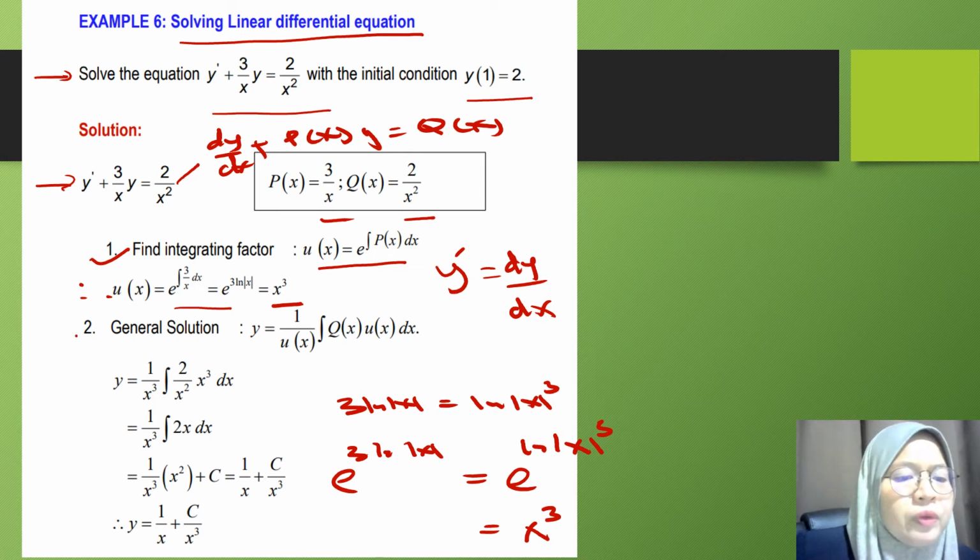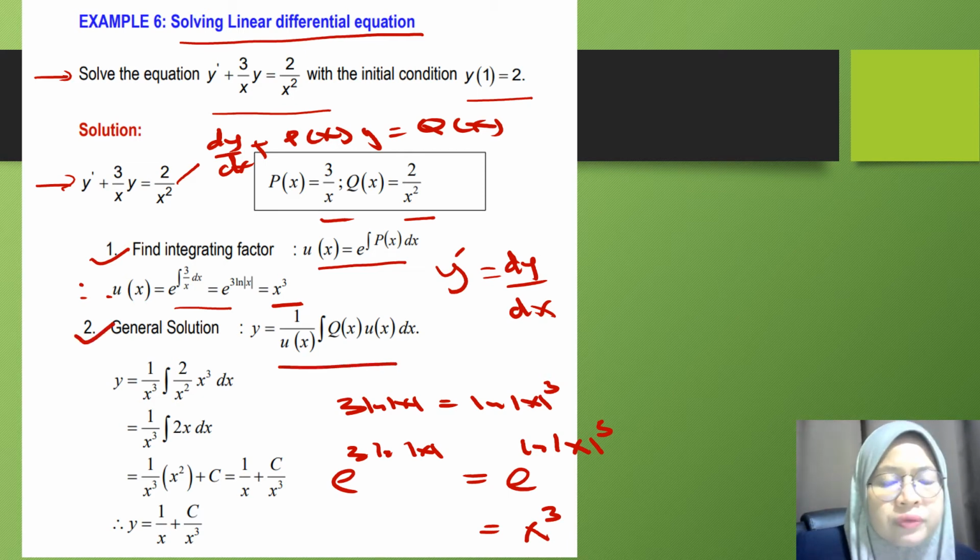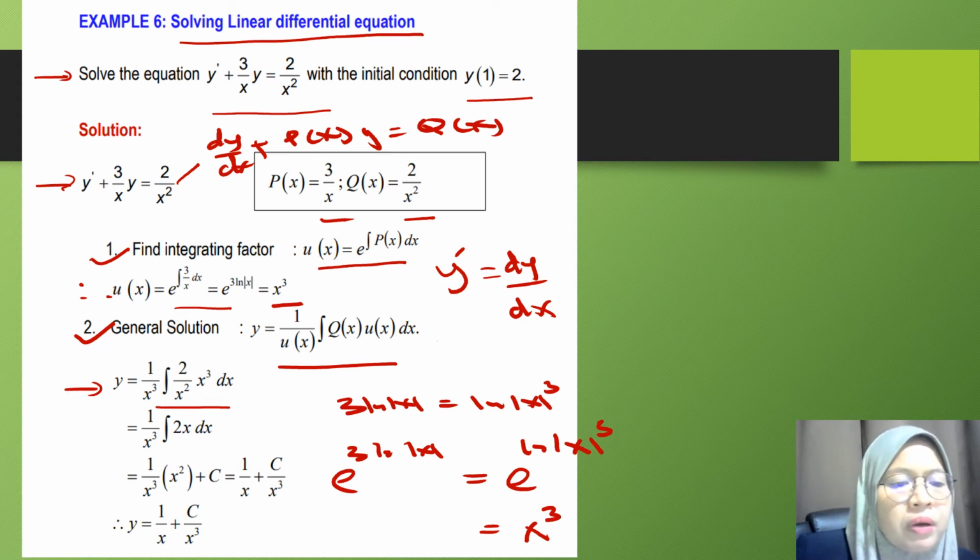Next, we need to find the general solution y, which is y equals 1 over u of x multiplied by the integral of q of x times u of x dx. So here y equals 1 over x to the power of 3 multiplied by the integral of 2 over x squared times x to the power of 3 with respect to x.